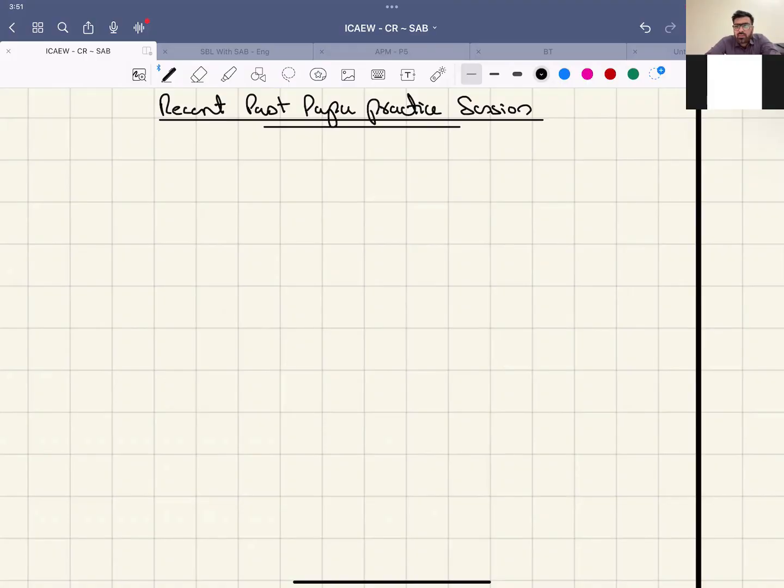Just a second, I'm just transferring that paper onto your screen so it would be visible.